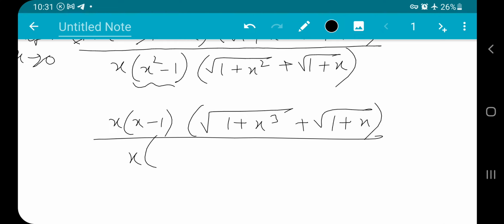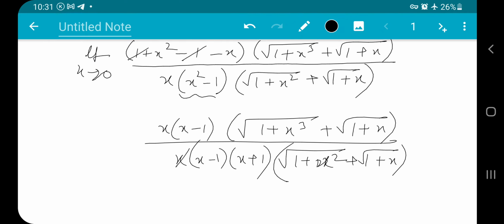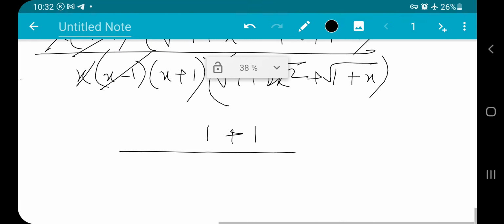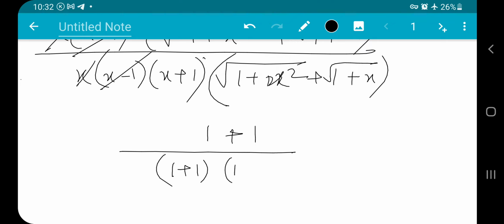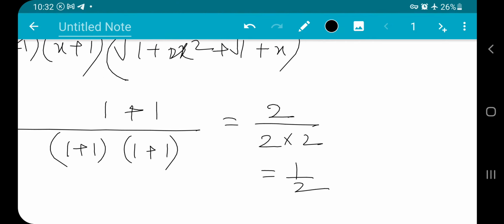X, this one should be factorized. X square root over 1 plus x. So this gets cancelled, this one gets cancelled, and now place the value of x, that is 1 plus 1, 1 plus 1 itself again, 1 plus 1. Then what's coming? 2 by 2 into 2, that is equal to 1 by 2.